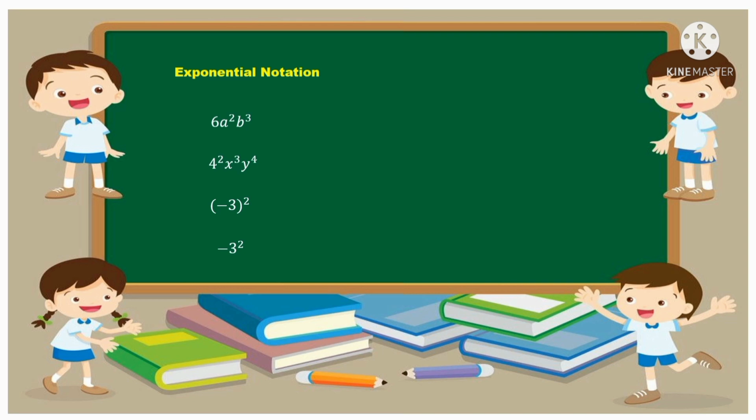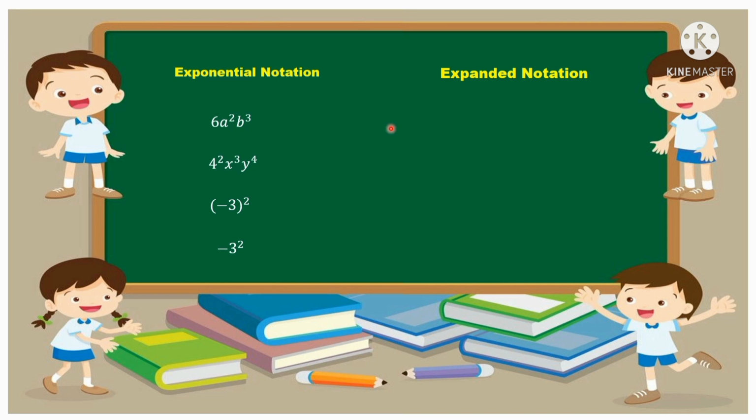In these examples of exponential notation, how will we write them in expanded notation? Here, 6a squared b cubed. Since 6 has no exponent, you write it once.